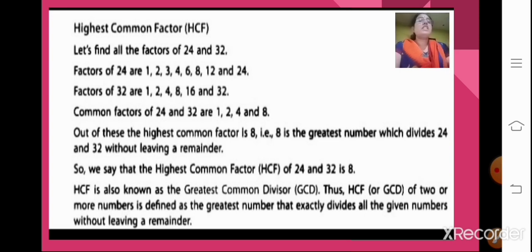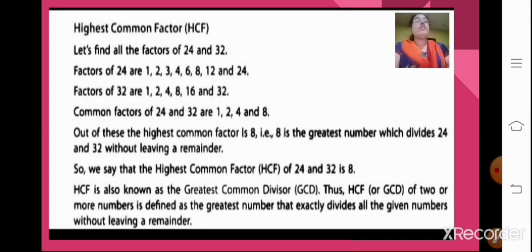Let's find the factors for 24 and 32. Now which are the numbers that divide 24 completely? The factors of 24 are 1, 2, 3, 4, 6, 8, 12 and 24.